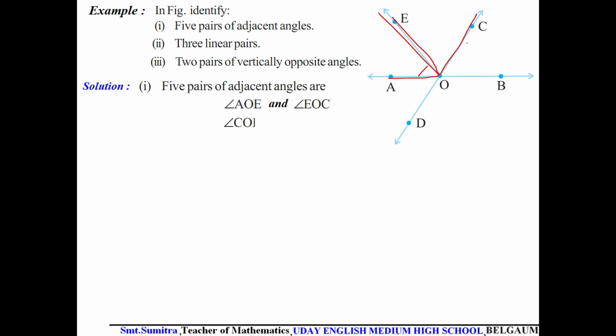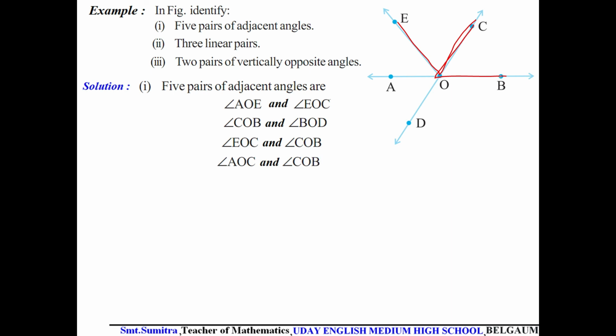Another, observe that angle COB and angle BOD are adjacent angles. Next, angle EOC and angle COB. These two angles are adjacent angles.